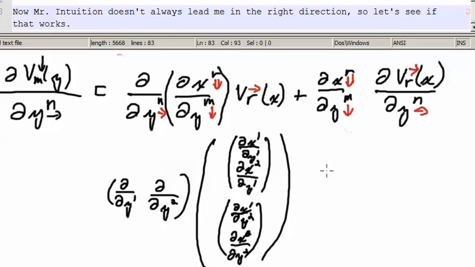And then the v sub r will be fairly simple. V sub 1, v sub 2.